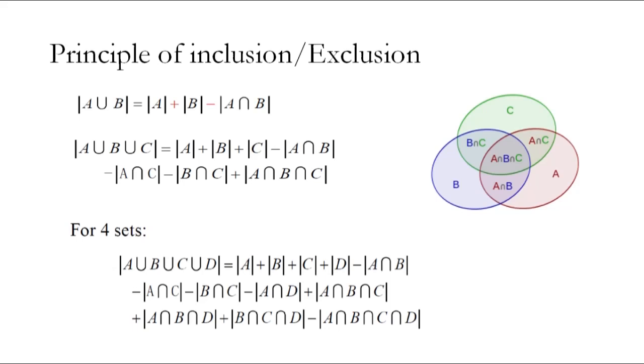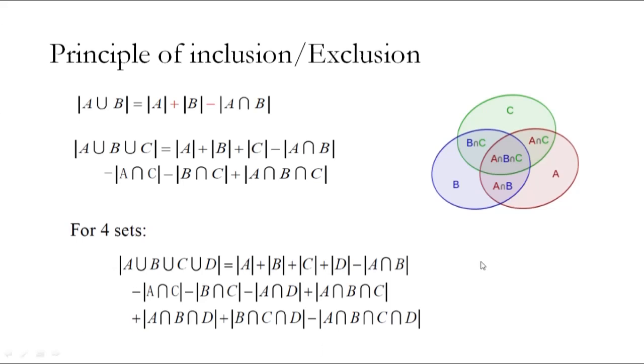If 4 sets are there, the formula is: |A union B union C union D| = |A| + |B| + |C| + |D| minus the pairwise intersections A∩B, A∩C, B∩C, A∩D and so on, plus the triple intersections A∩B∩C, A∩B∩D, B∩C∩D, minus A∩B∩C∩D.